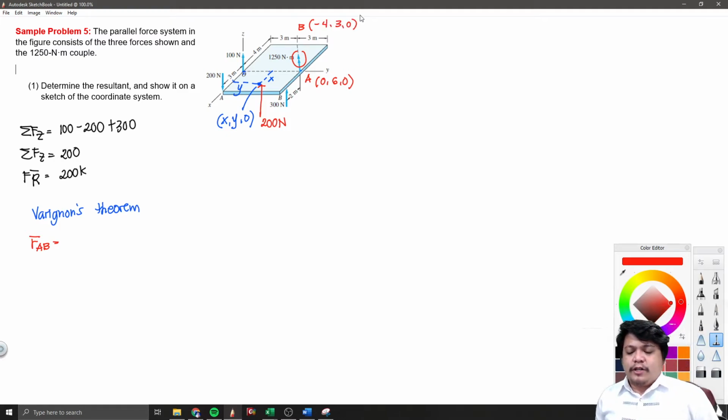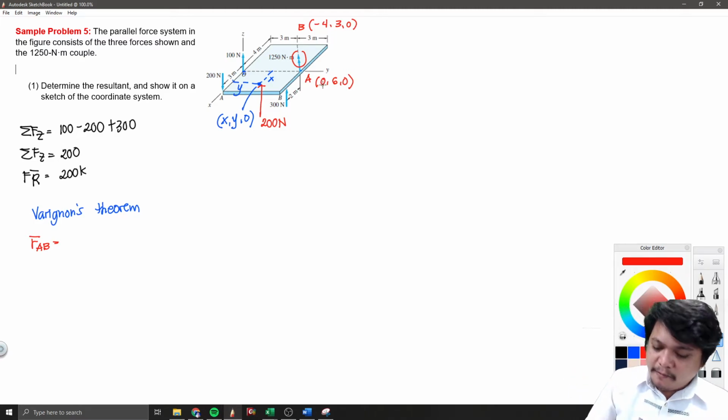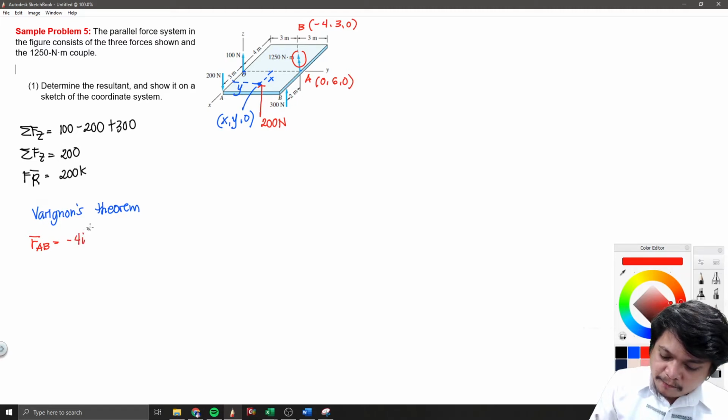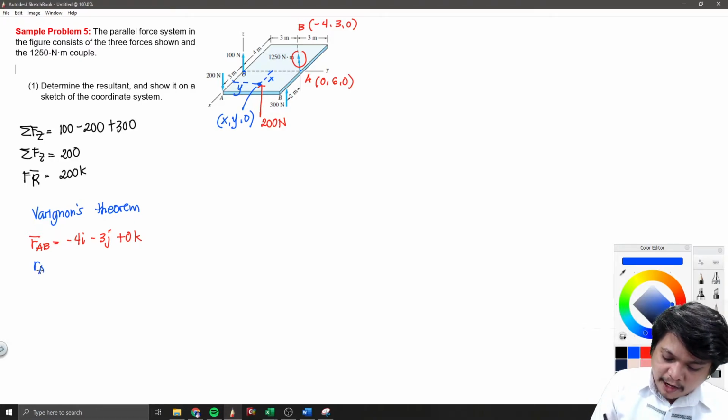So, if I will be having here the RAB, that is negative 4 minus 0, so negative 4I. 3 minus 6, minus 3J, and then 0K. So that, I will now have the RAB.